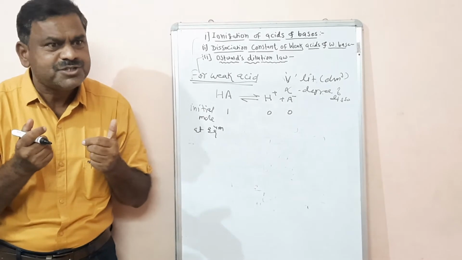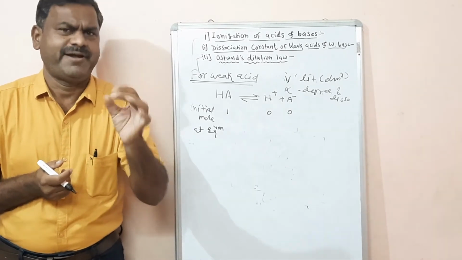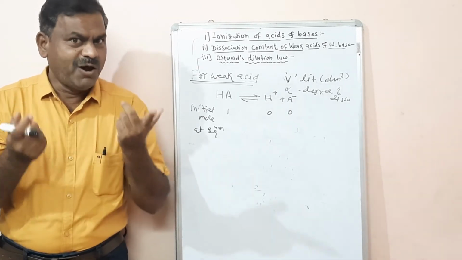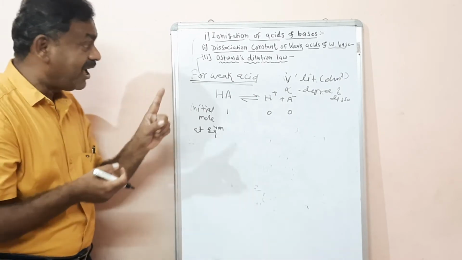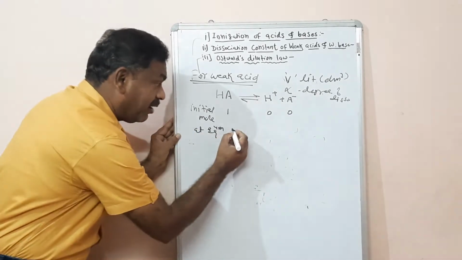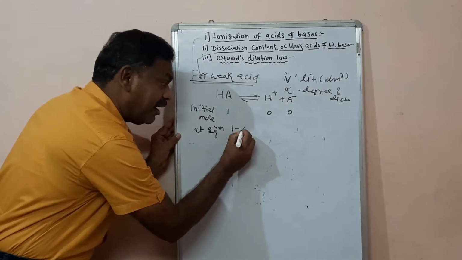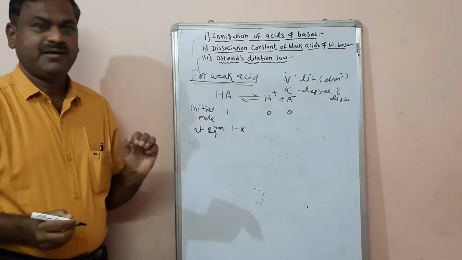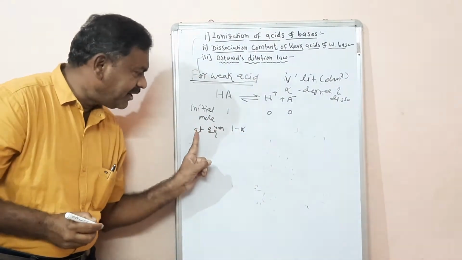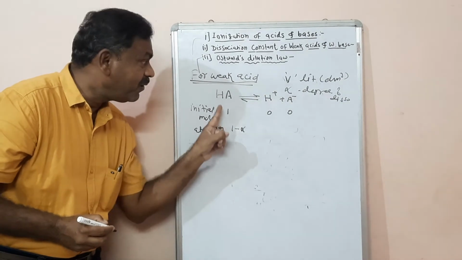How much? Alpha. Therefore, 1 minus alpha is the amount of HA at equilibrium.